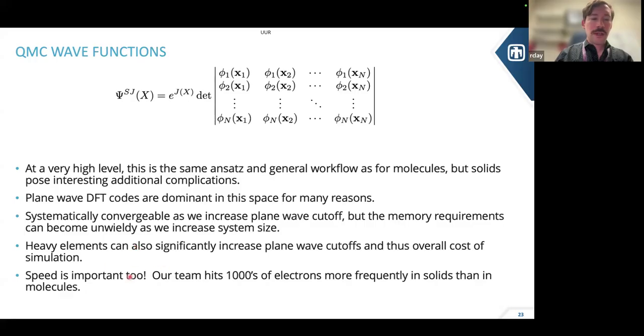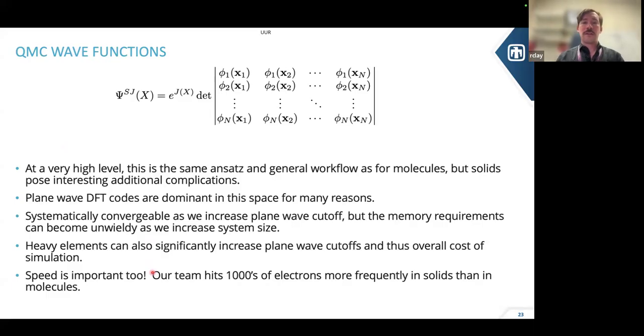With molecular calculations, your basis functions are Gaussian, so for every orbital you can do a very short contraction and evaluate the orbital. But if you do that in solids, given that the basis set scales naively like the number of plane waves, you run out of steam in very tiny calculations.